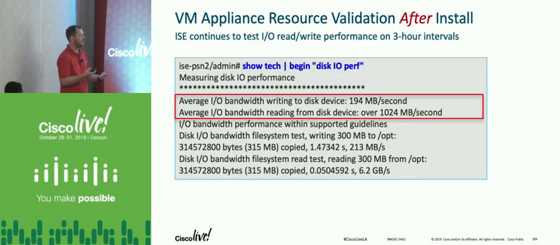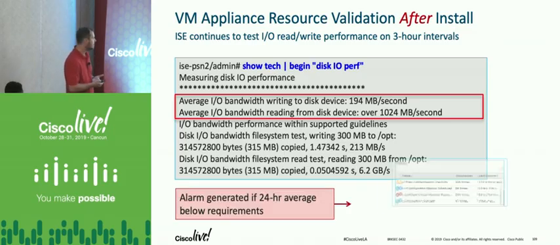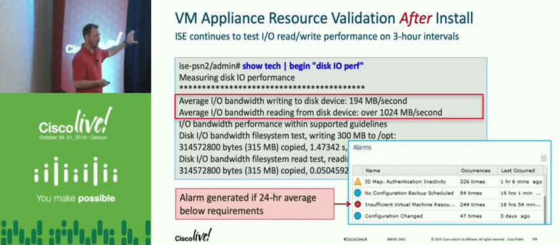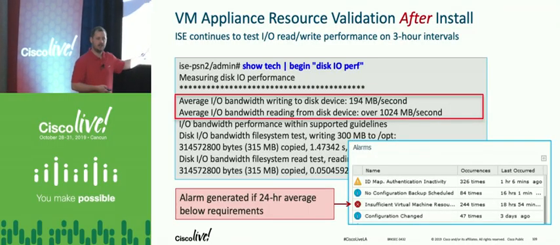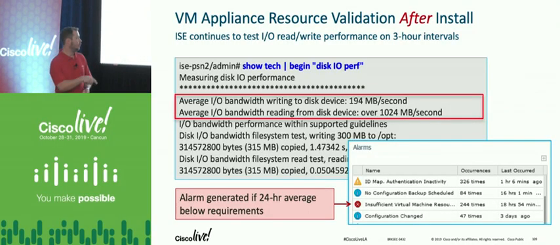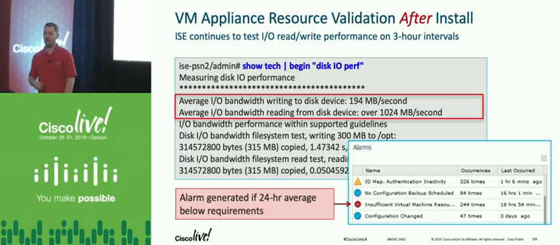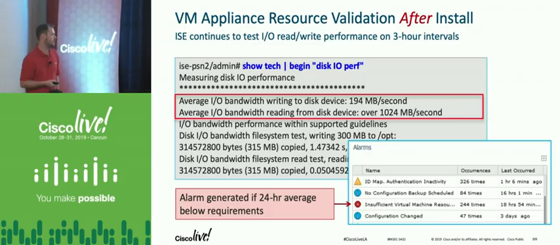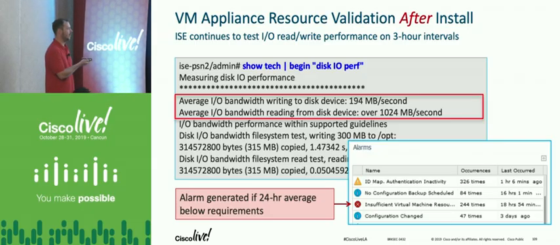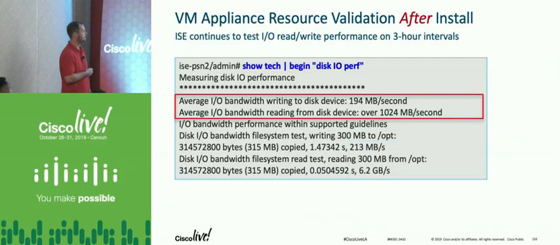And then after installation, you can also do a show tech, begin disk performance, and see this. If the VM is out of compliance over a 24-hour period, you will get an alarm. So you will see an insufficient VM resource alarm on the ISE alarm dashboard.